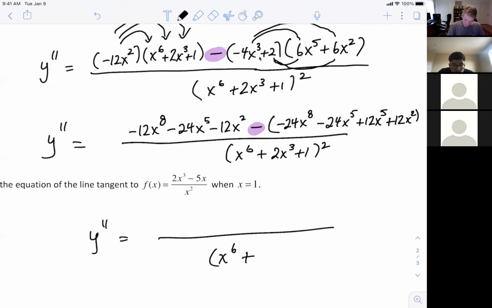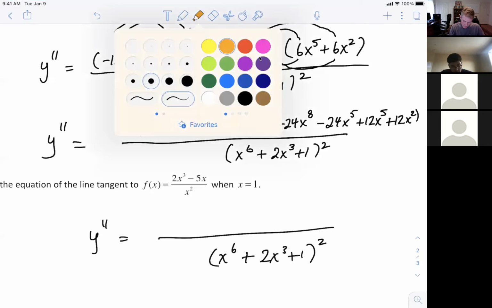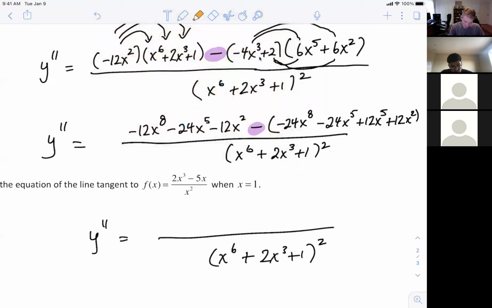So for the final answer, you could just leave the bottom part in parentheses. And really the only reason I needed to multiply out the top is because there are like terms to combine. Like for example, this has an x to the 8 and this has an x to the 8. So combine those.